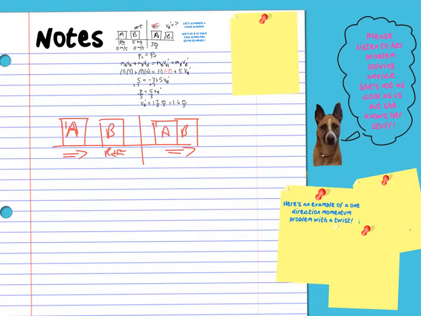So what do we do? There's no external forces, so initial momentum equals final momentum, and I am going to write my equation. The momentum of A plus the momentum of B before the collision equals the momentum of A plus the momentum of B after the collision.